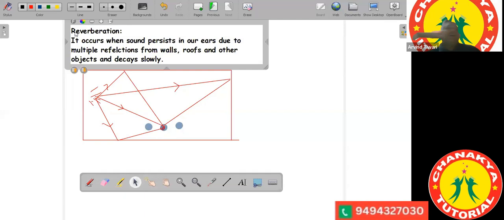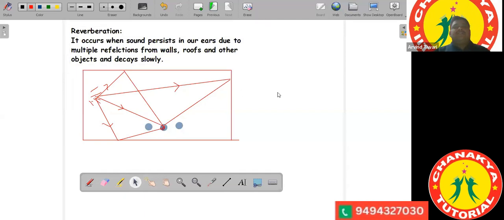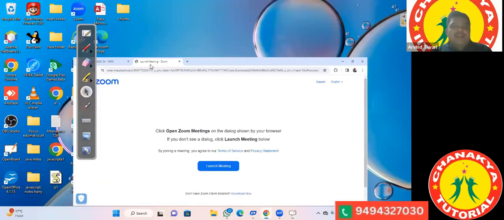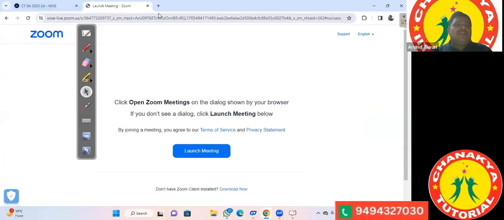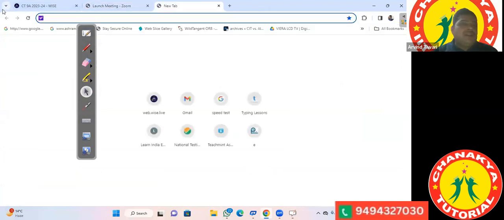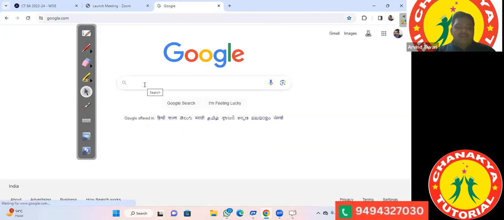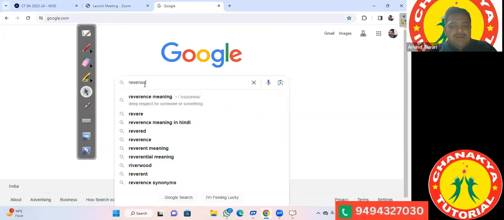Okay, if I can find any sound of that, I can play it. If you give me 1 minute, let's try to find out if there is any reverberating sound available, so that we can hear it and differentiate clearly between echo and reverberation.